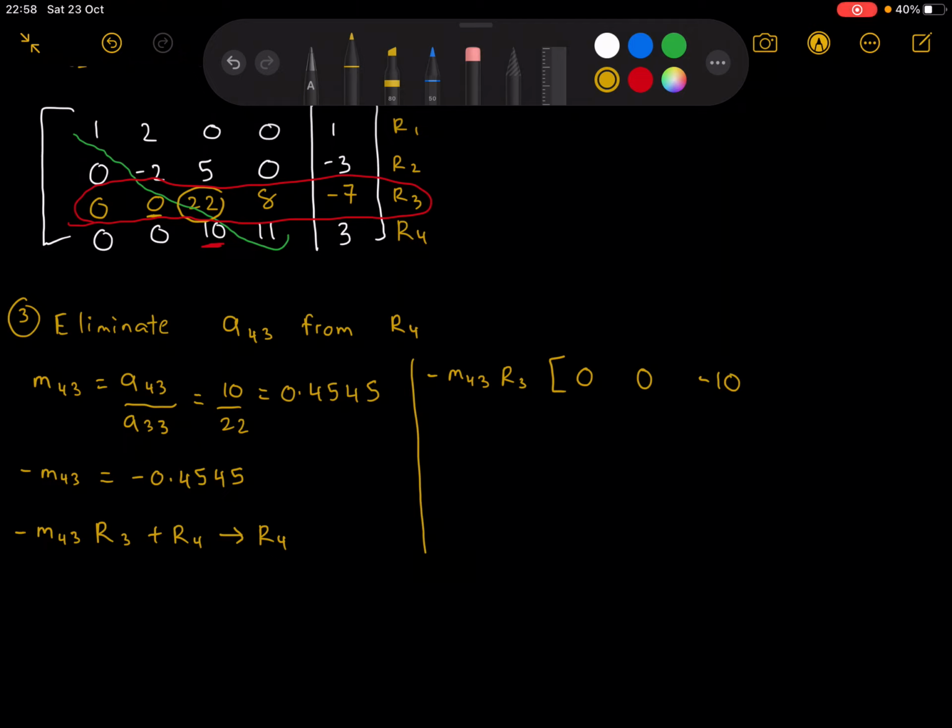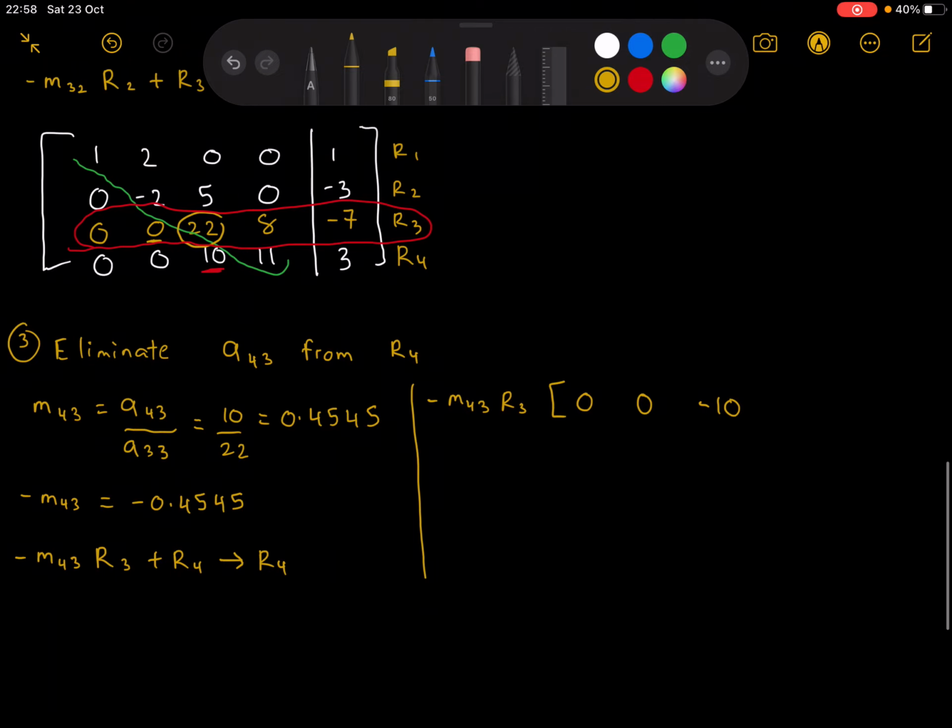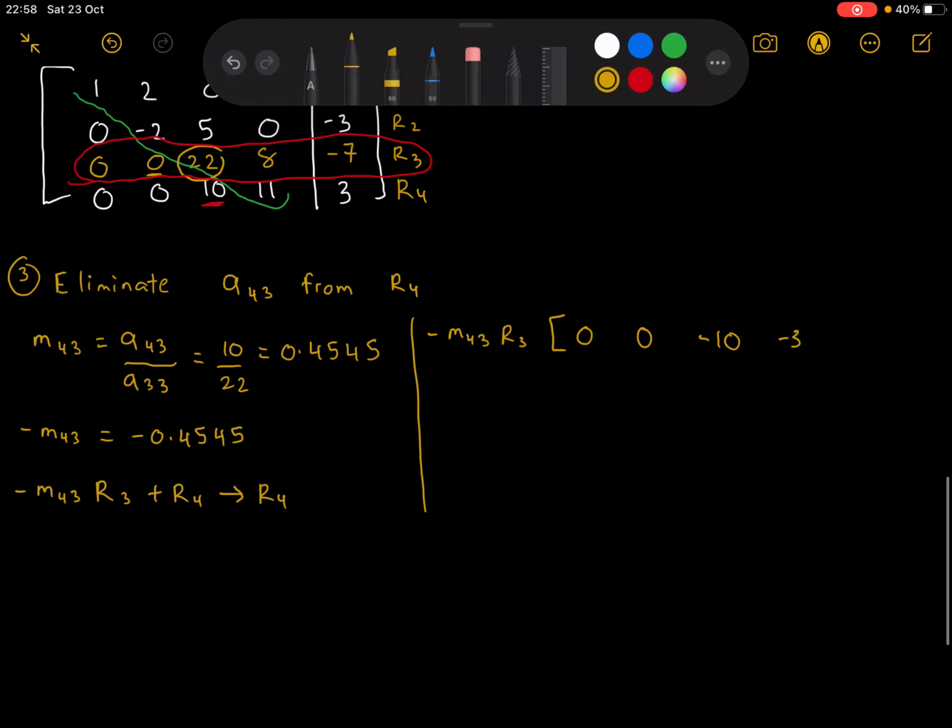Negative 0.4545 multiplied by 8 becomes negative 3.636. Negative 7 times negative 0.4545 is 3.1815.